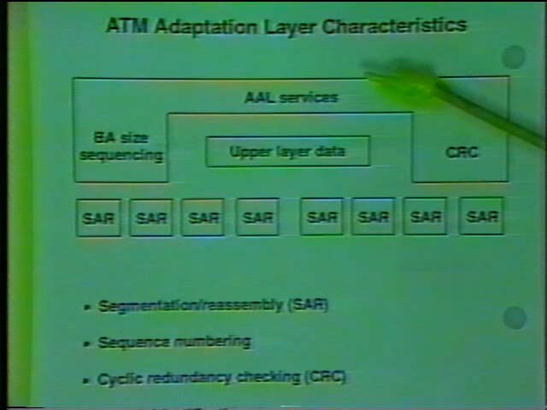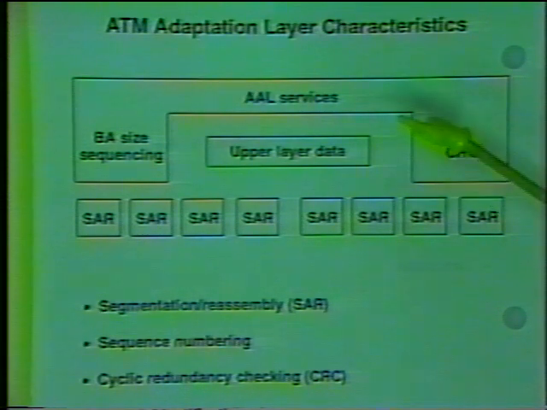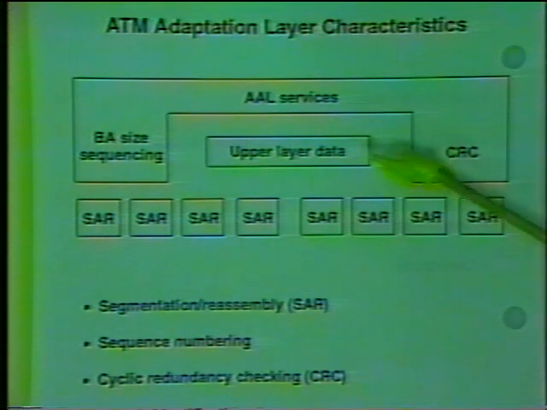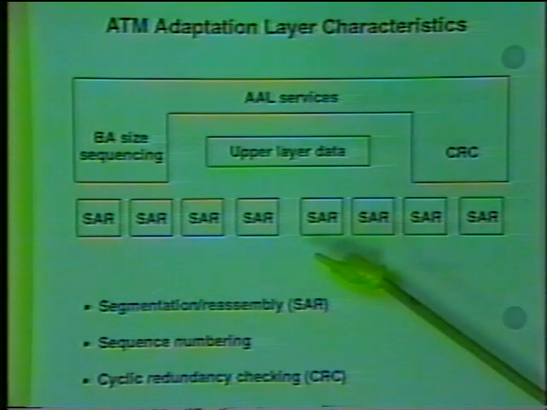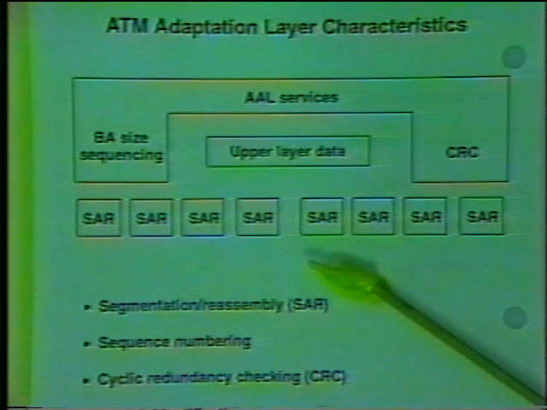If we're transmitting, we're segmenting the information down into fixed length cells, and if we're receiving, we're reassembling it from our fixed length cells back into our usable data. Depending upon the type of service, whether it's voice, video, or data, we'll be using different AAL services, and I'll be talking about those more after the break.